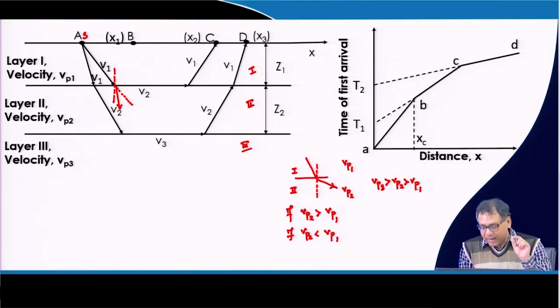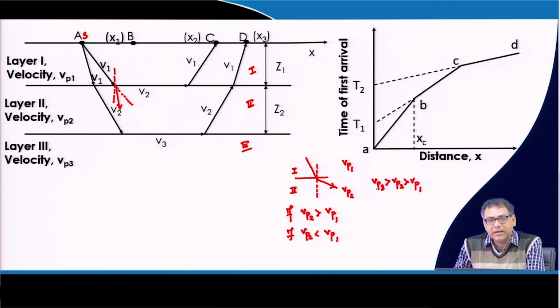The velocity of the waves is a function of density. That means if density increases, then the velocity of the wave will also increase. Okay? So the velocity of the wave is more for denser soil compared to loose soil.